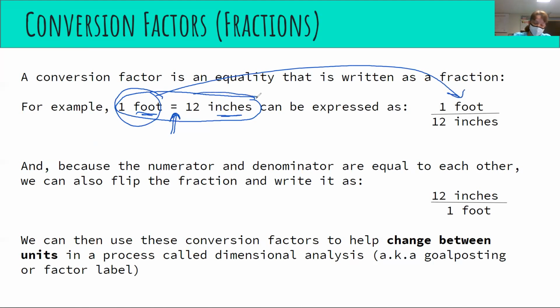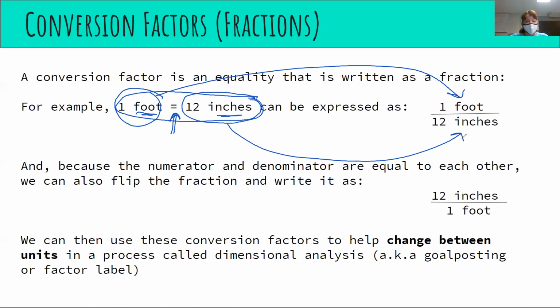Then you take the other side of the equal sign and write it on the bottom of the fraction. Okay, just trust me when I say that you can do this. I could explain the math behind it and how they're equal to each other and blah, blah, blah, but it would probably just confuse you more. Just know that when you have 2 things that are equal, you can write them as a fraction.